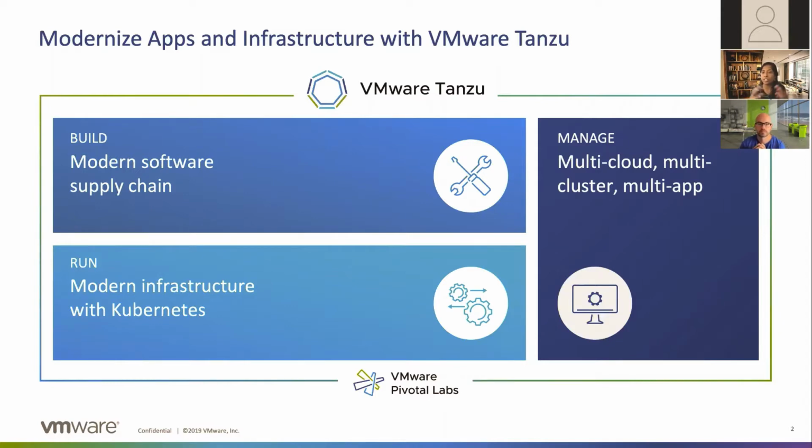So we break it up into 3 different buckets, primarily build, run, and manage. The build portion is whether you run primarily Windows workloads or Java workloads. We leverage Spring and Steeltoe to really build out cloud native patterns and microservices, leveraging those tools and frameworks.